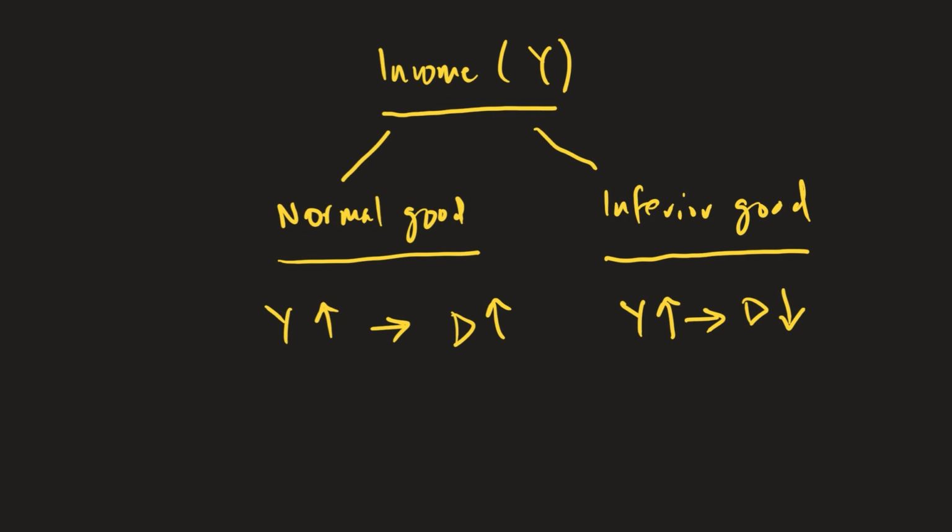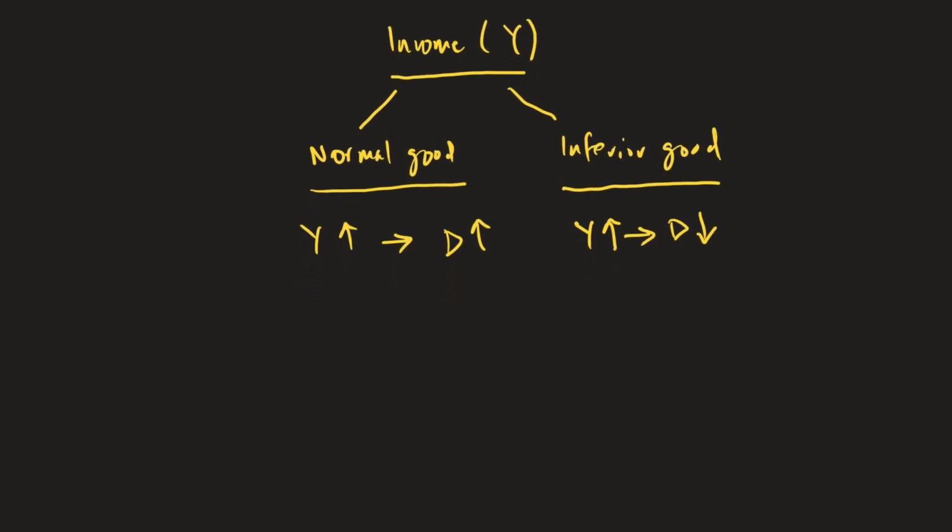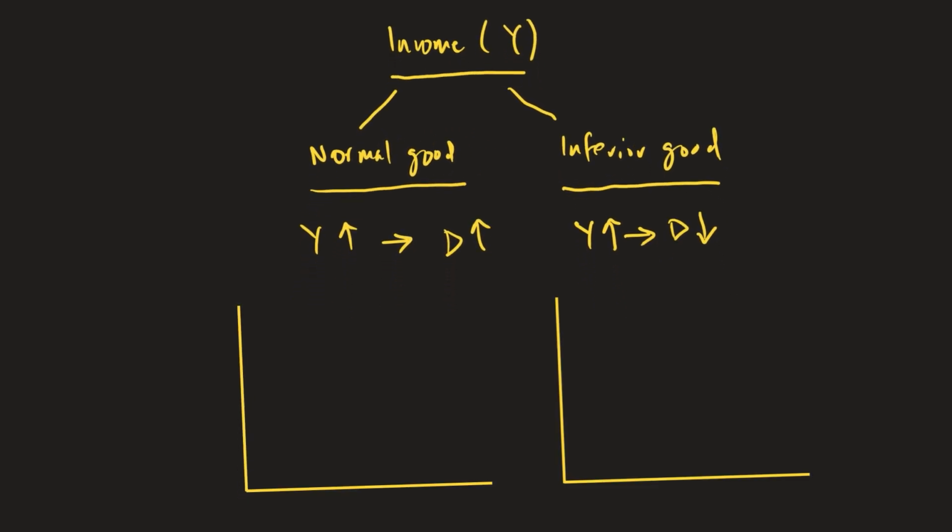So how do I show that in terms of our diagram? In terms of our diagram, for normal goods, we will find that the demand curve will shift to the right. So if this was my demand curve D naught, my demand curve may shift to D1, and that means that for each and every price level, a consumer is willing and able to buy more.